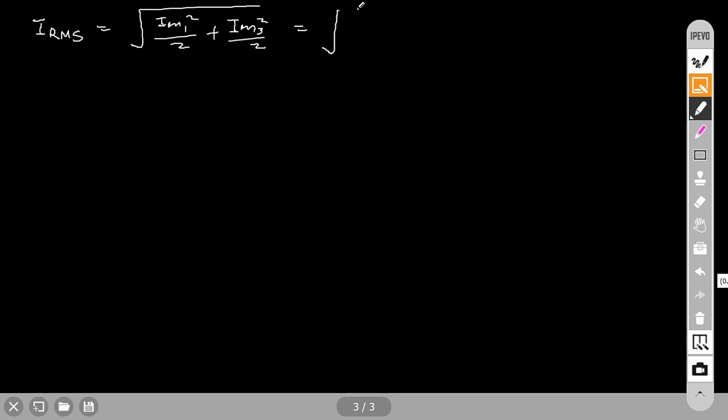So this is equal to the square root of 0.62 squared over 2 plus 0.74 squared over 2. And then this will give you 0.68 amps.